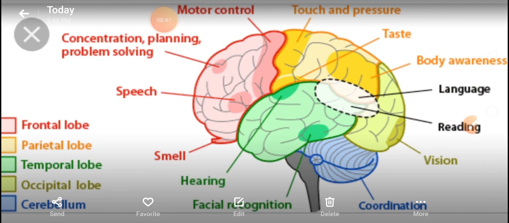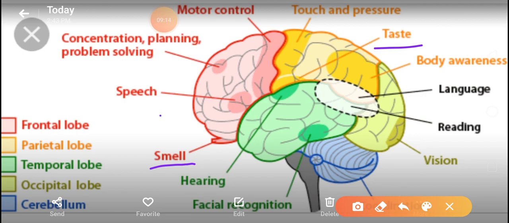Now this forebrain which you see is getting information from your nose, that is the smell area. Taste will be present, whatever you are tasting with the help of your tongue, all the information will come to this region.